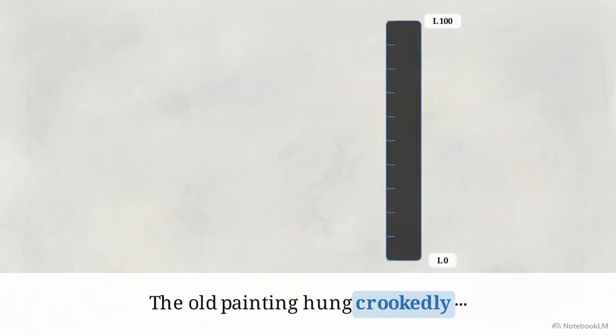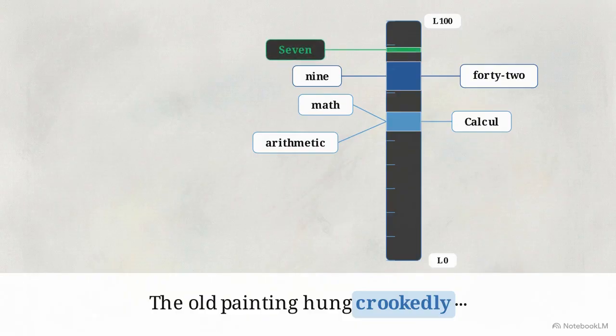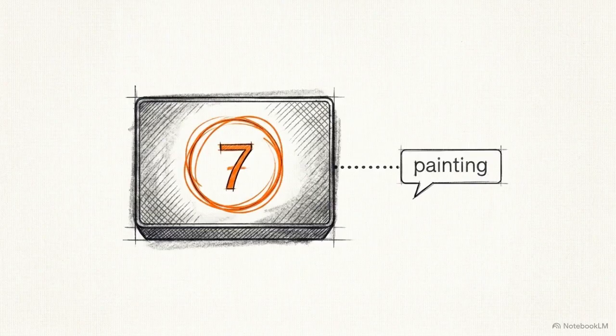Internally, as the model types, the J-lens reveals early layers identifying the hidden task with concepts like math. Middle layers actively calculate, surfacing values like 9 and 42. Finally, at layer 88, the correct answer, 7, appears in the workspace. This timeline confirms that LLMs can maintain and process complex internal reasoning that is entirely detached from their outward behavior.